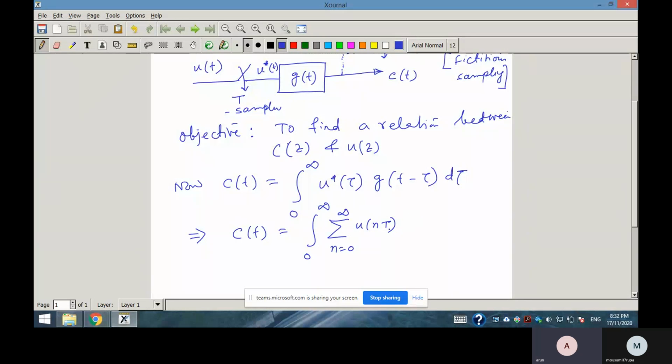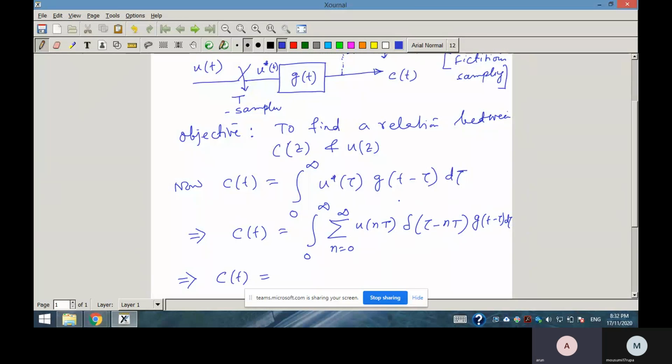If you take the time domain expression, then it will be delta of tau minus nT. We have already got this relation in the last class. And then g(t minus tau) d tau. So c(t) you can write like this.